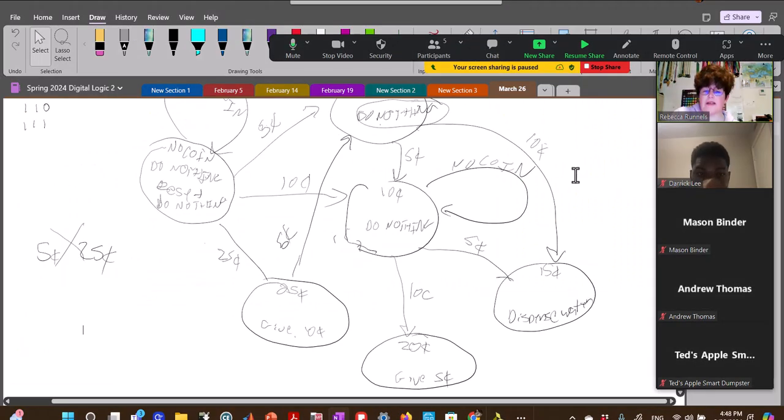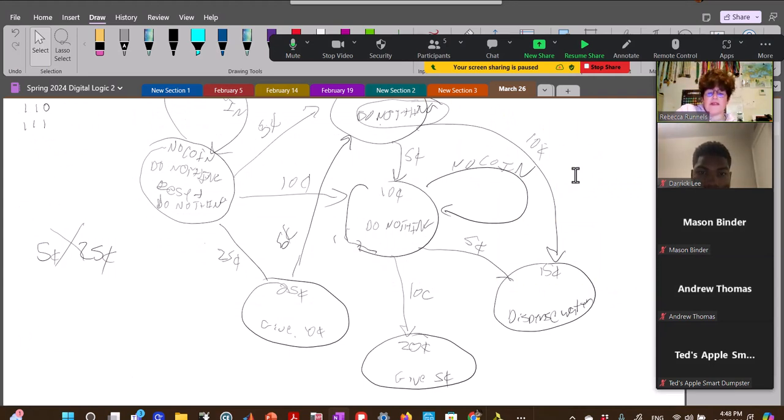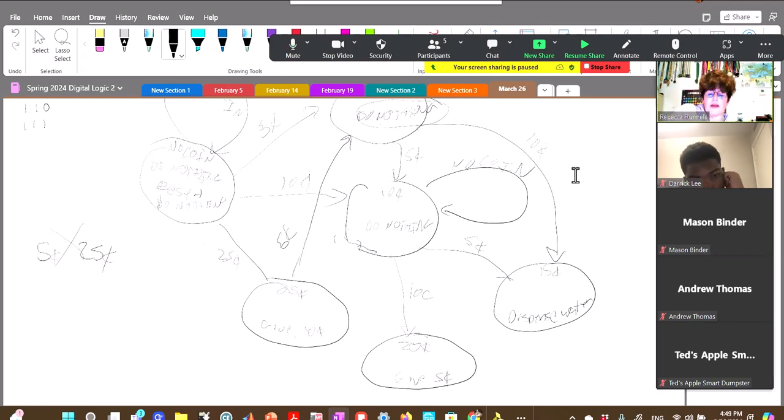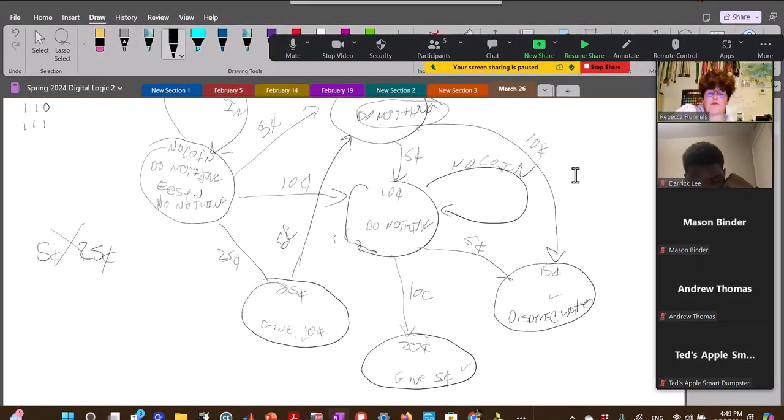So this is better than what I did before, because what I did before is I said if you were in one of these states where you gave change, that you would go back to the starting state, but there's no reason why you couldn't dispense water again. So if you're in one of these states here, where you gave 10 cents change or 5 cents change, or you dispensed water, then if you got 5 cents, you'd go back to the 5 cent state.